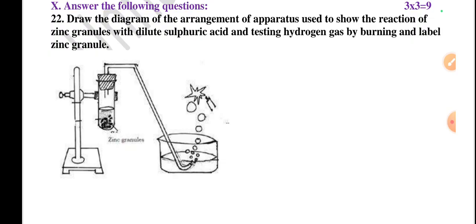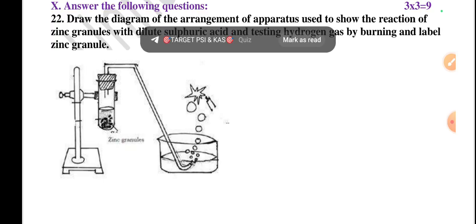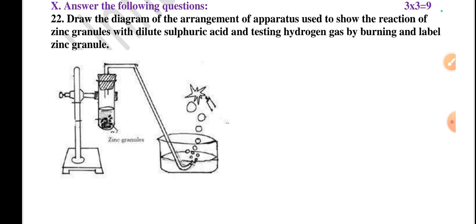Then, with the help of a matchstick, if we bring the light near the bubble, it gives a brighter light, or with a sound, it bursts. With this experiment we understand that hydrogen catches fire. The liberated gas is hydrogen, because hydrogen burns brightly.